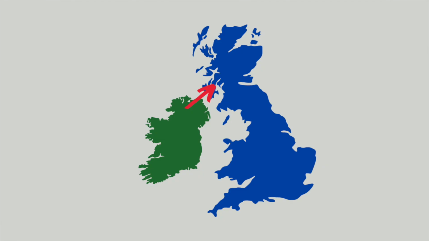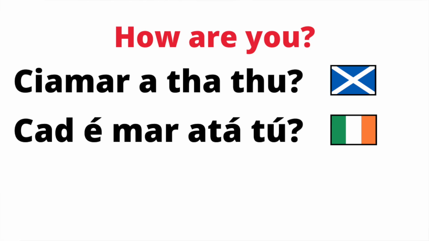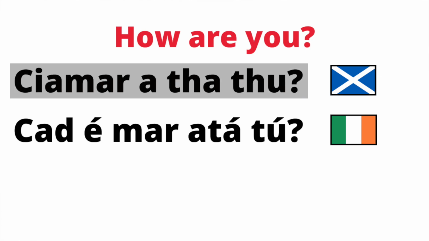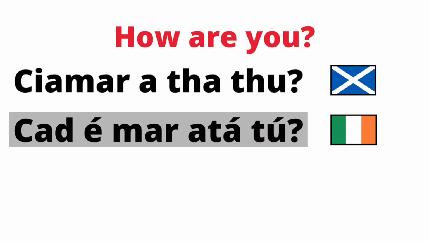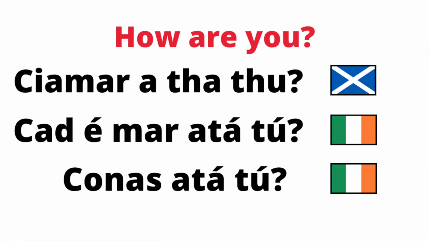Some people even go as far as to say that Ulster Irish is a bridge between modern Irish and Scottish Gaelic. So, how are you? Scottish Gaelic, Ciamar a tha thu. In Irish, Cad é mar atá tú. And I would probably say Conas atá tú as a way of saying how are you.